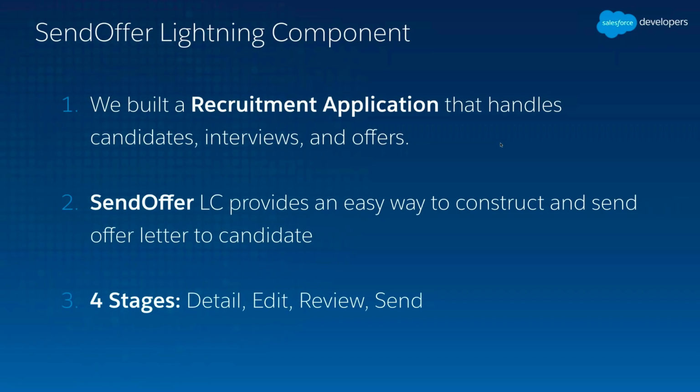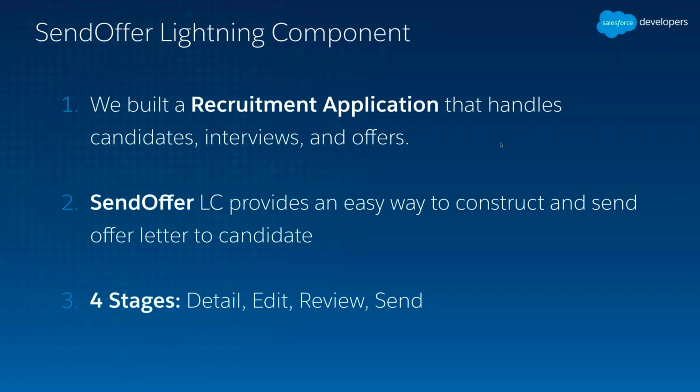The SendOffer Lightning component provides an easy way for you to construct and send your offer letter. Because once you have all the offer information, you actually need to draft it and be able to deliver it to the candidate who will be reviewing it. So there are really 4 stages that we identify with the SendOffer Lightning component. The first stage is detail, which shows the recruiter or hiring manager the actual salary and compensation information.